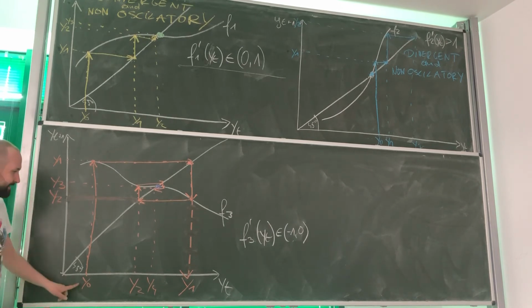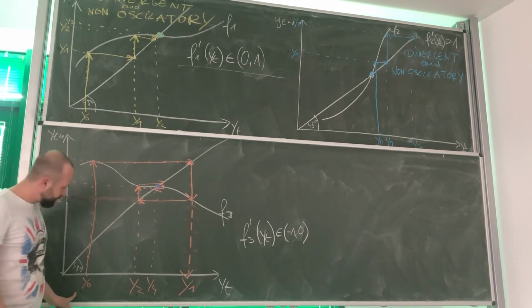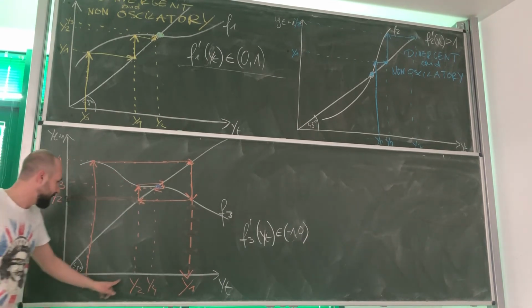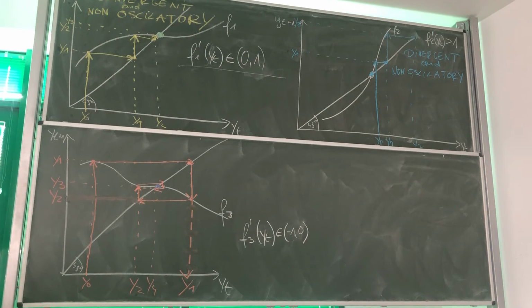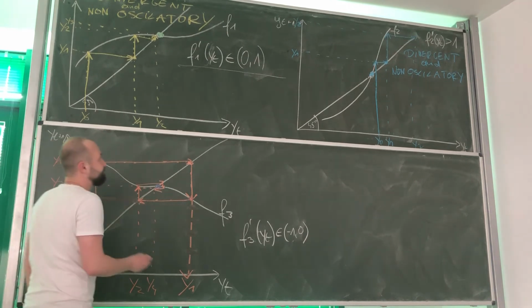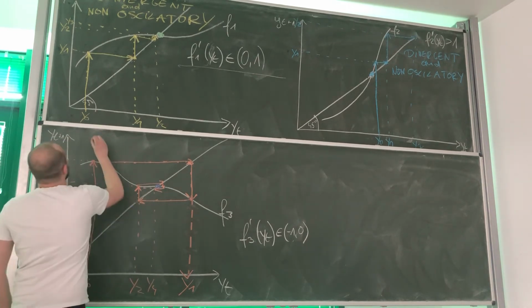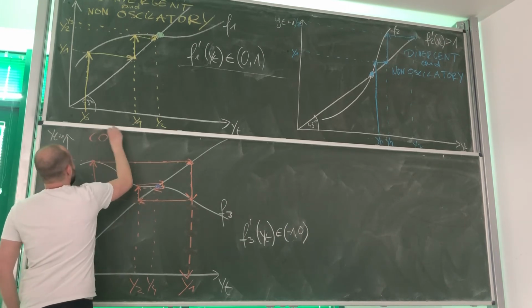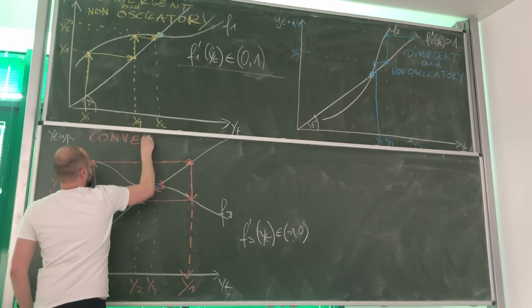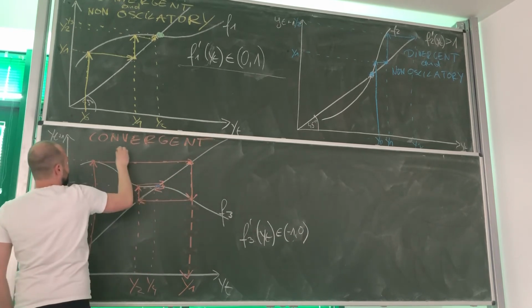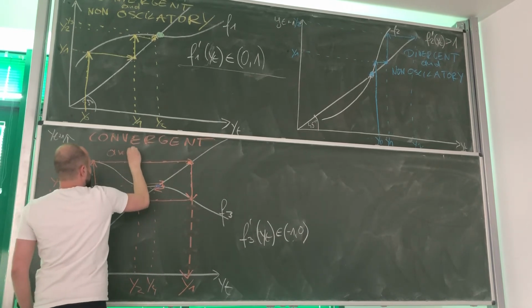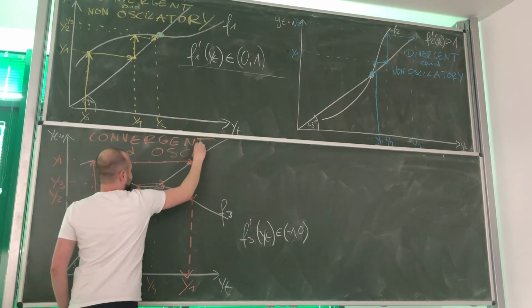However, the value of y is below, above equilibrium, below, above, below, above. So in this case, we've got a time path that is, in one way, convergent, and in the other, oscillatory.